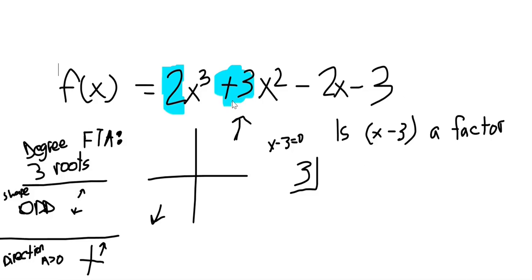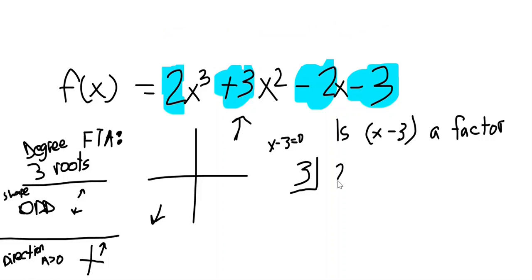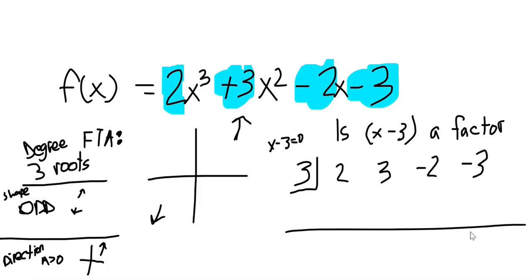My coefficients are 2, 3, -2, and -3. And that tells me what I'm going to list when we're doing the synthetic division. I list those coefficients. I'm going to draw a line and bring down the first coefficient to get me started.